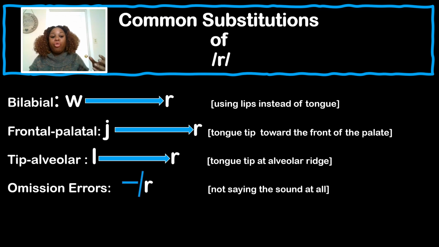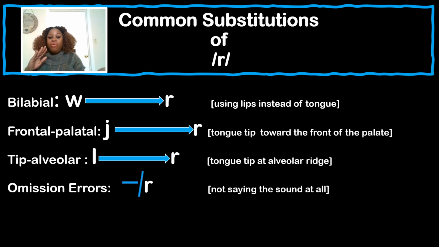You can still do the frontal palatal sound, where instead of saying red, they're saying yed, almost like a Y sound. The tongue tip is toward the front of the palate versus the tongue being curled up in the center of the alveolar ridge, but not touching it, with the air going over the sides.